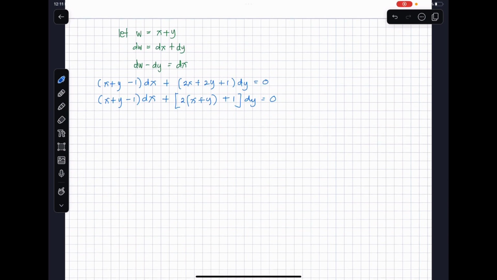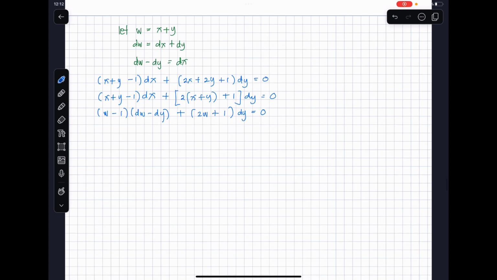So therefore, when we transform x plus y to be equal to w, then w minus 1 and dx is dw minus dy. Plus, in this case, that will be 2w plus 1. It's not plus 2. So 2w plus 1 multiplied with dy is equal to 0. And we distribute.